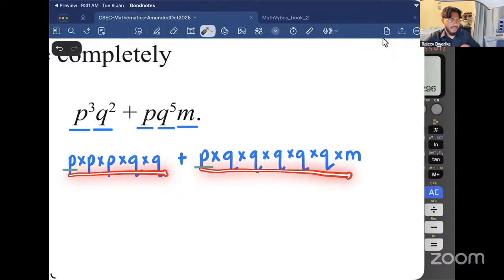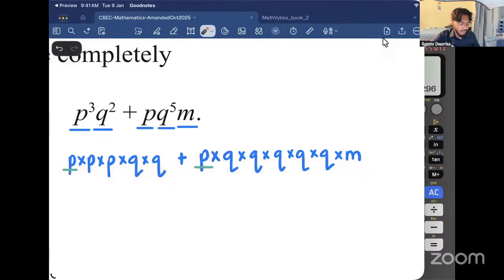No. If it had 4 P's over here and 4 P's over here, by all means, both of them would have 4 P's in common. However, over here we have 3 and over here we have 1. Comparing both of them, they have at least 1 P in common. You're sure you understand that? Yes, sir.